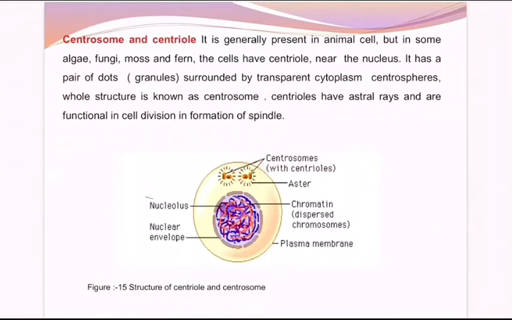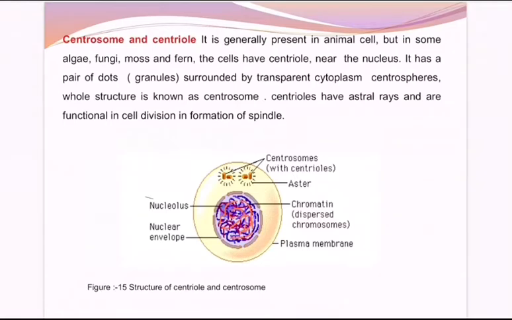Now, what is the structure of a centriole? If we expand this and observe under the electron microscope, in the transverse section a centriole possesses a wall of 9 peripheral fibrils, remember. Fibrils are absent in the center, forming a 9 plus 0 arrangement. Remember this in exams.